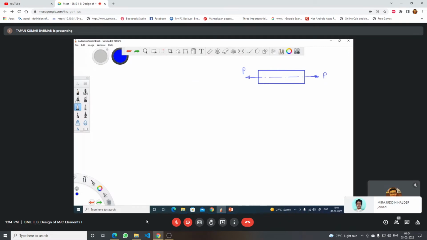Now my point is, say for example, there is one hole at the center. What will happen when there is a hole in the material? Stress concentration.